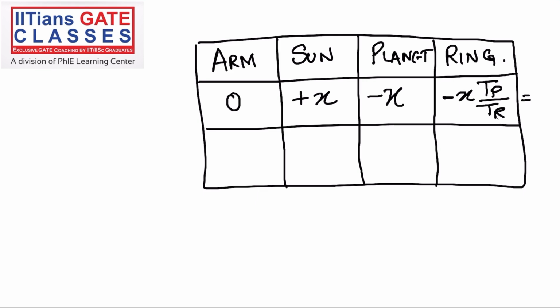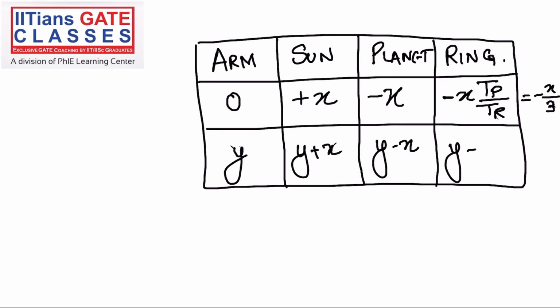Now let us assume that the arm is rotating with angular velocity of y. So this will become y plus x, this becomes y minus x. We'll simply add y, right? And this becomes y minus x by 3.